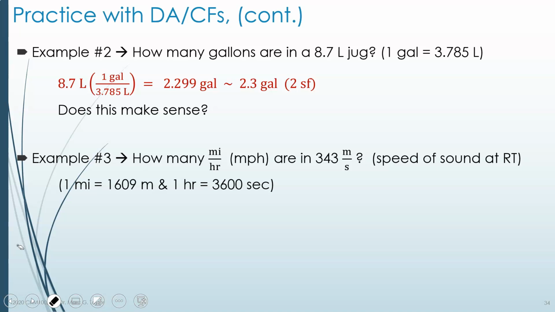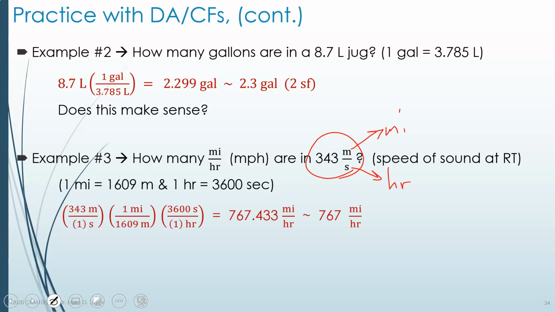So we start with the thing we have, which is this value, and I'll circle right here, we start with that number. We have to convert meters to miles, but we also have to convert seconds to hours. And there are 2 conversion factors here. Now, I'll pause for a second. You can stop the video and see if you can do this on your own.